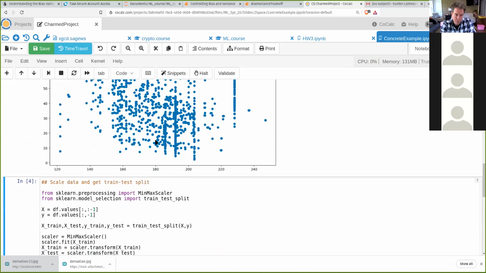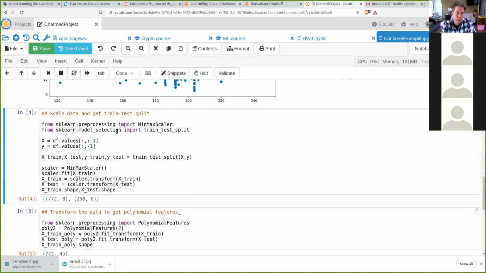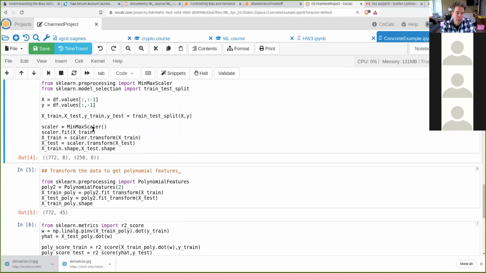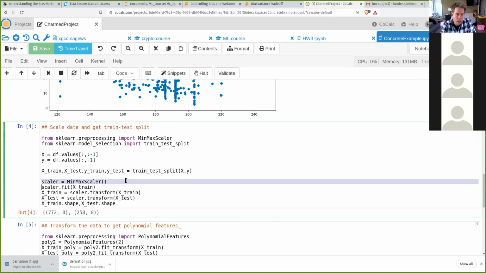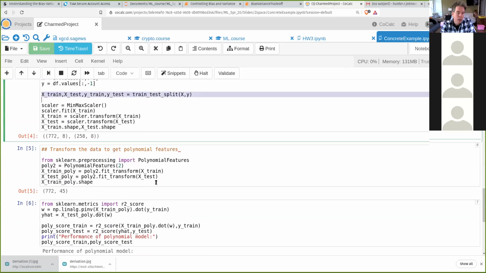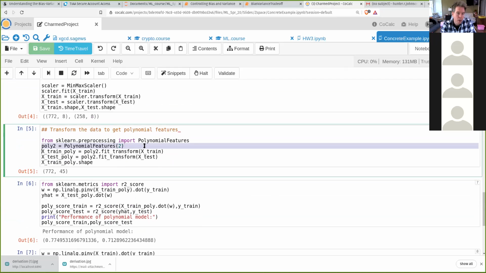Okay, so here we just do scaling and train test split, converted into a NumPy array. Here's the scaler transform, and here's the train test split. Now we do polynomial features.